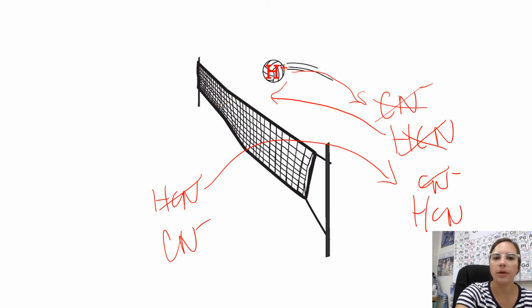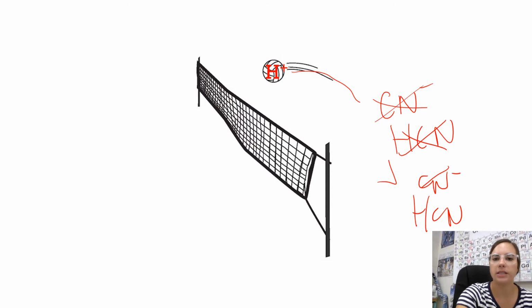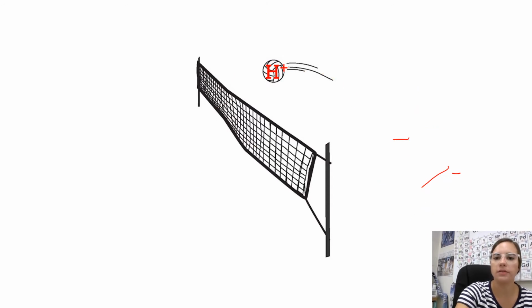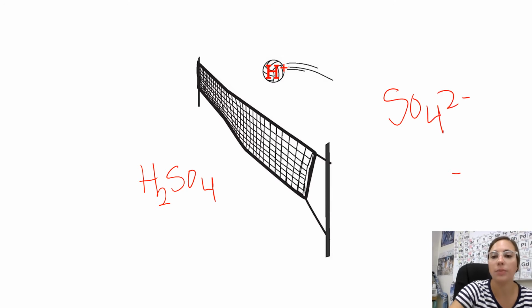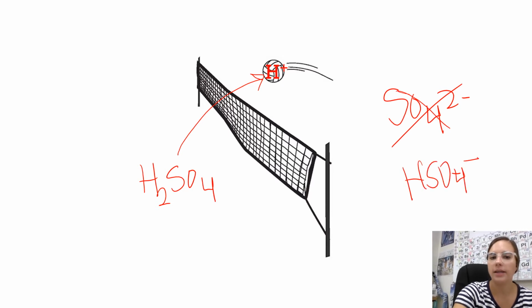What cannot be considered a conjugate acid-base pair would be something like this. If I had H2SO4 and SO4 2-, that's not a conjugate acid-base pair, because if H2SO4 gives up a hydrogen, it becomes HSO4-, and this becomes HSO4-.